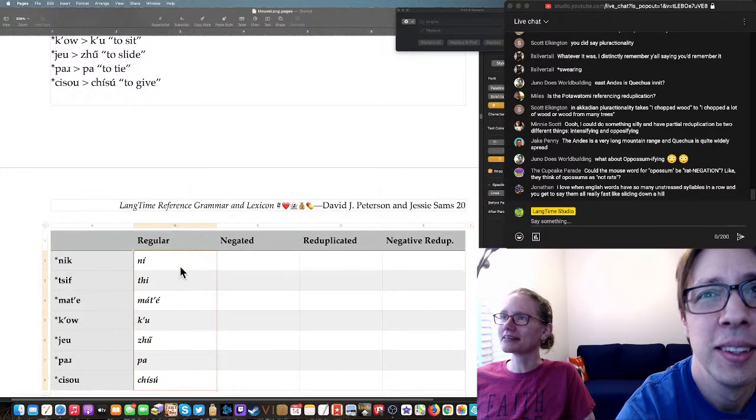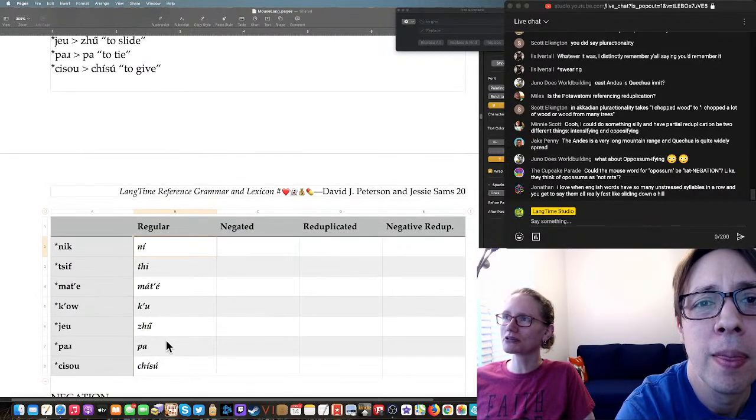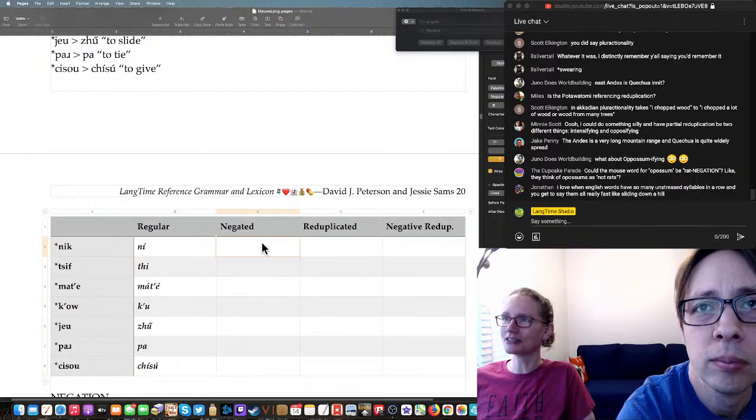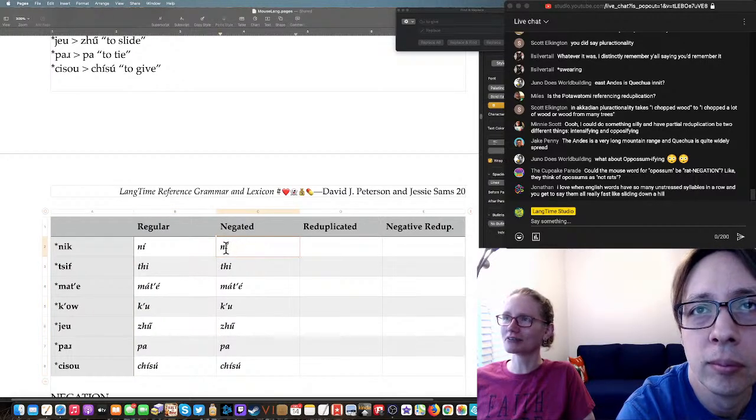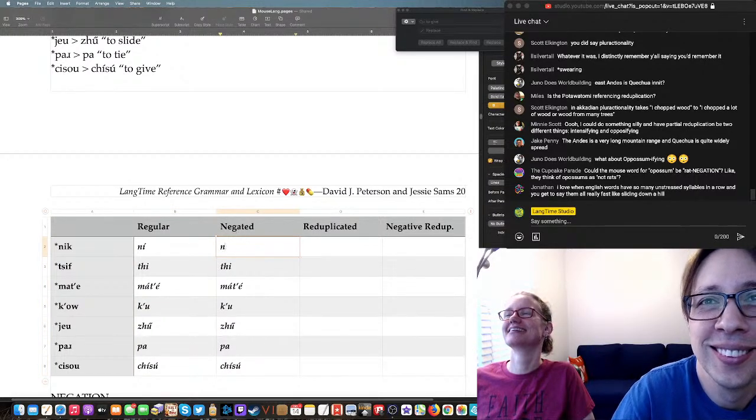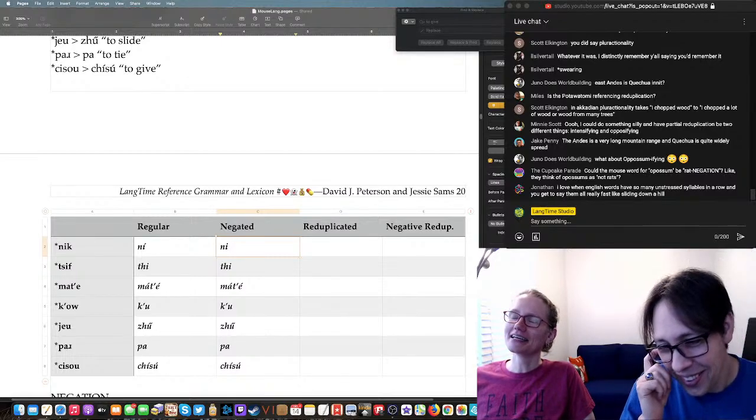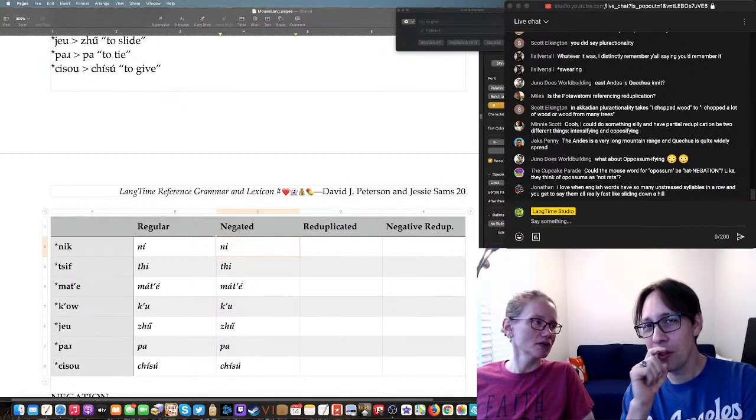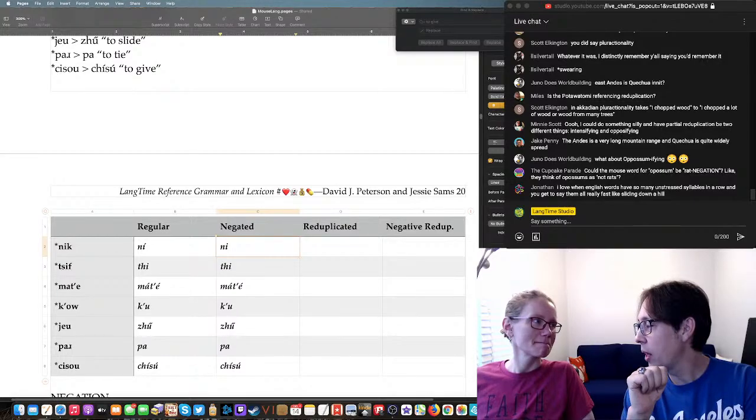Oh, Cupcake Parade asks, could the mouse word for possum be rat negation, like they think of possums as not rats? Interesting idea. We can actually come up with a whole series of those. I'm thinking of German names for animals.